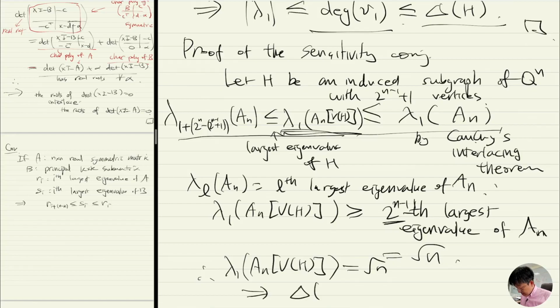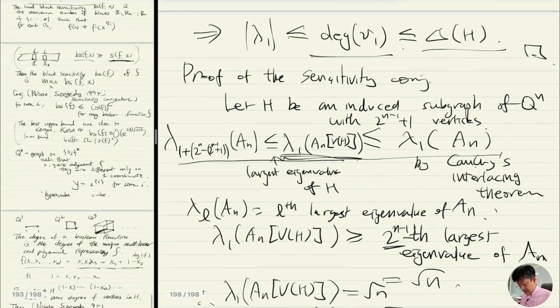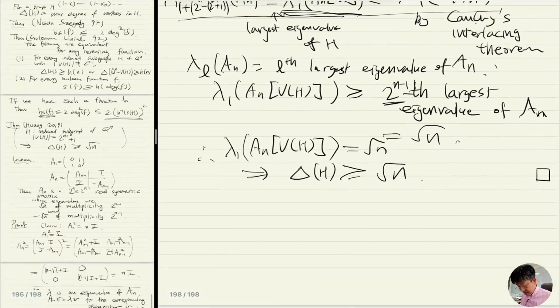This implies that by the previous lemma, delta of H is greater than or equal to square root n. Right, that proves the sensitivity conjecture.